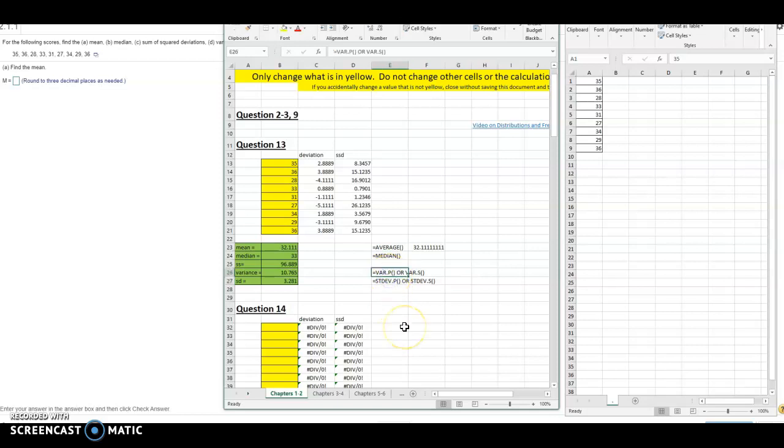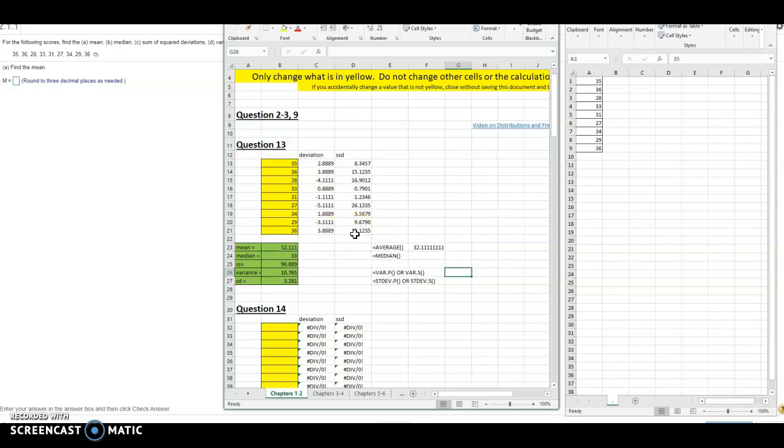In this case, we know all the data set. We know all of it. So we're using variance for a population and standard deviation for a population. If we did not, we would use variance for a sample and standard deviation for a sample. The difference is that when we add up the squared values, we're either going to divide by n, in this case 9, the sample size, for a population, we divide by 9.